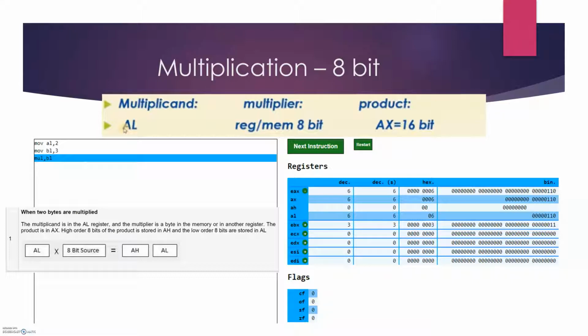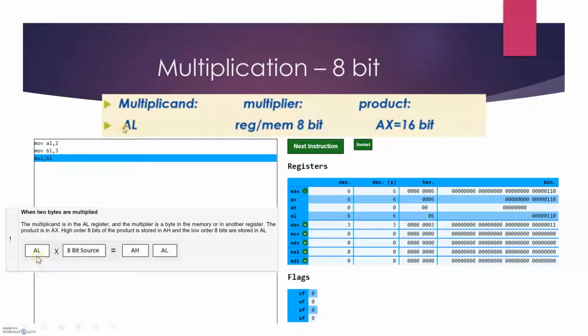So the multiplicand is the AL register, and the multiplier is a byte in memory or in another register. The product is AX. The high-order 8 bits of the product are stored in AH, which is the left side, and the lower-order 8 bits are stored in AL, which is the right side.